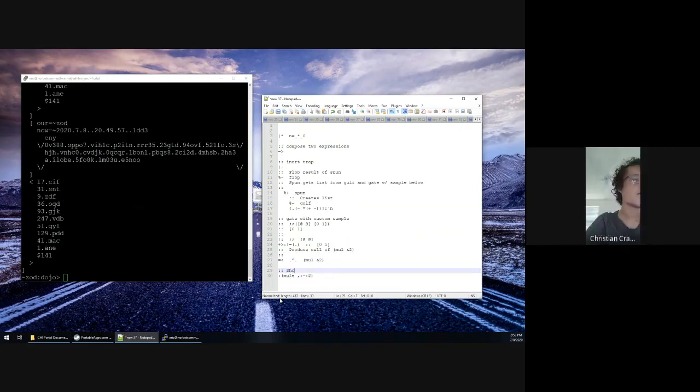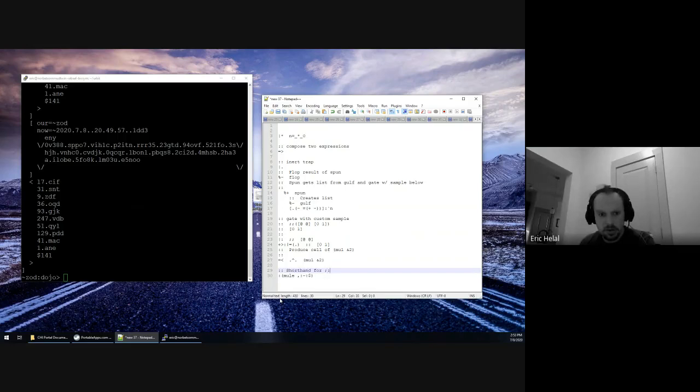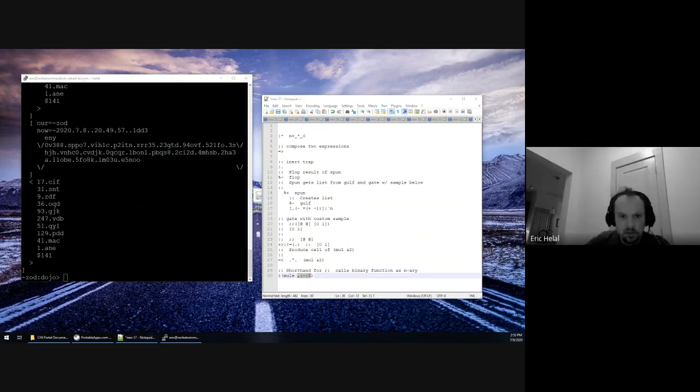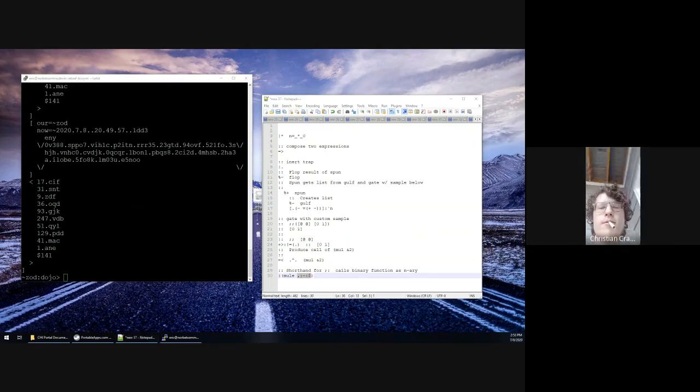It's shorthand for mick coal, which calls a binary function as an array. Where's the binary function? That would take more than one thing. Oh, so it's calling mule with more than one thing here. Let's see an example of mick call.